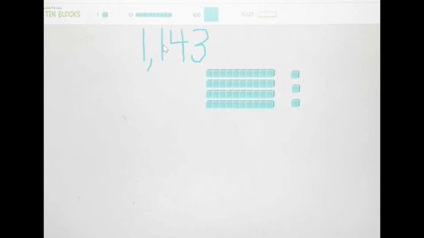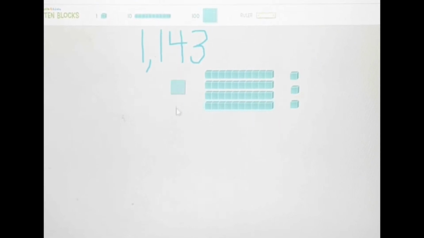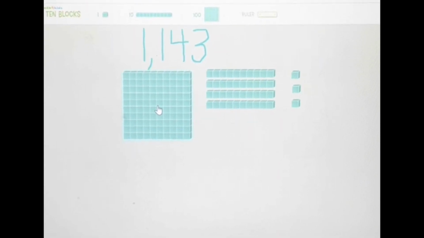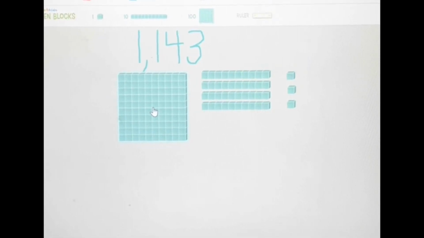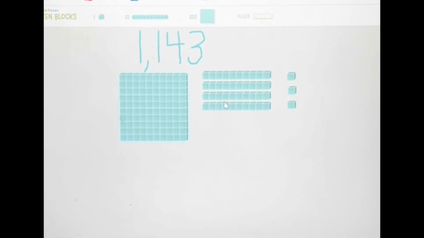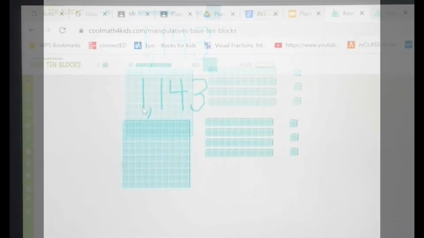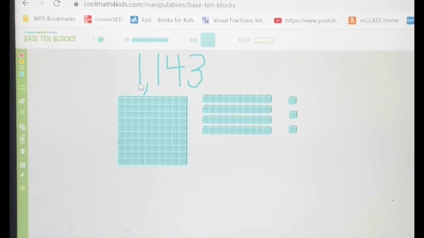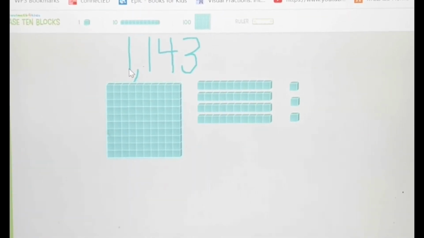So there's a 1 in the hundreds place, so I'm going to take out a 100 block. So the value in the hundreds place is 100. The digit in the thousands place is also 1.